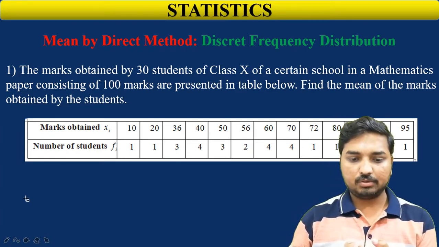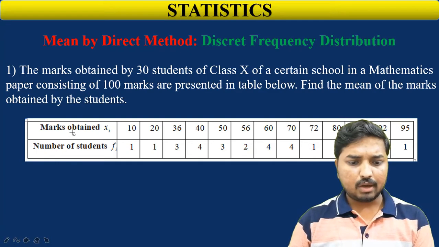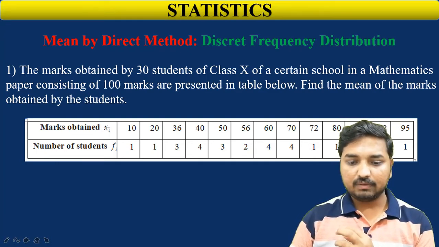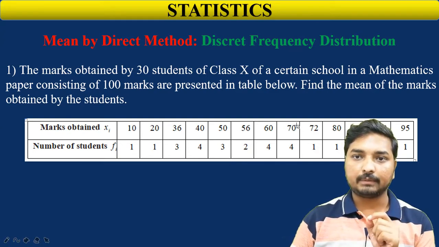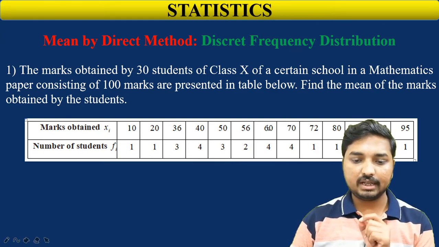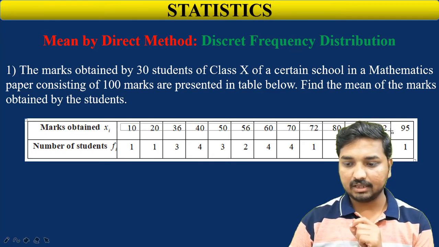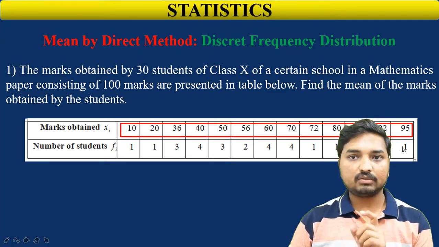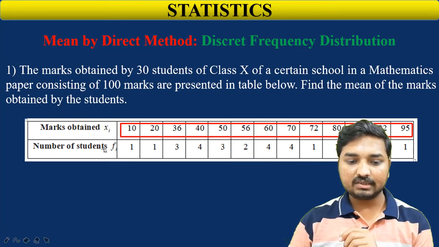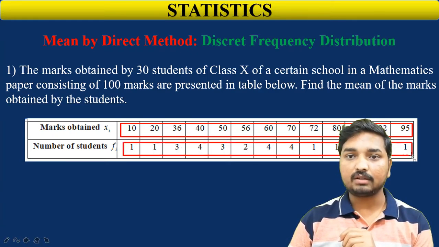Before going to the solution, just look at the data. Marks obtained, indicated by xi, is the first column, and the first column always indicates the data. These are called data. The second column, number of students, is indicated by fi, and this is the frequency.